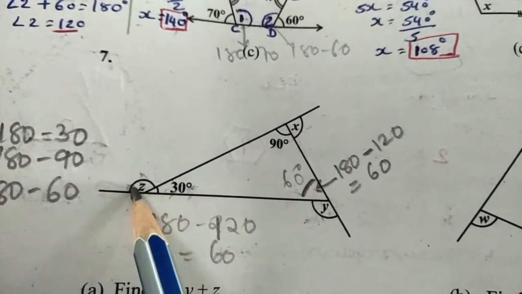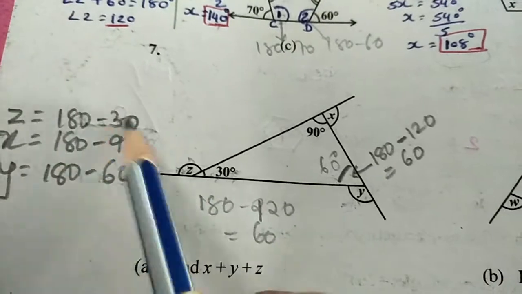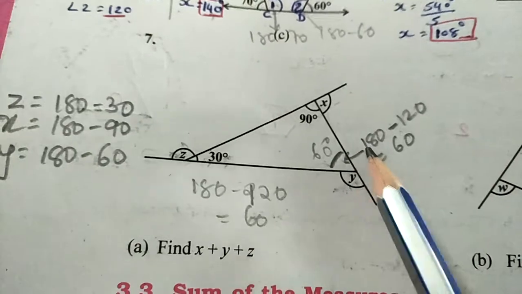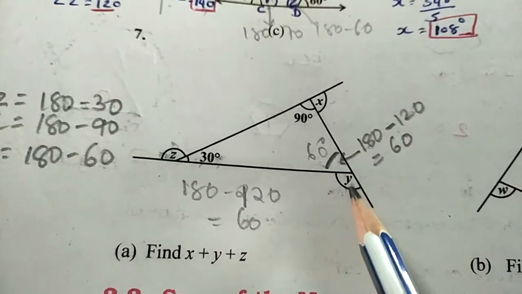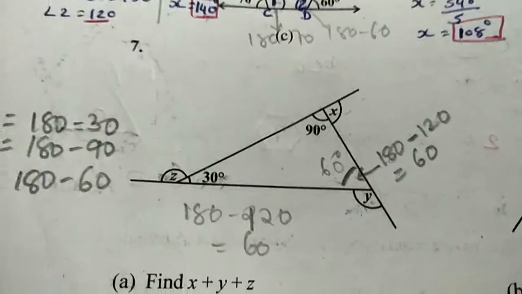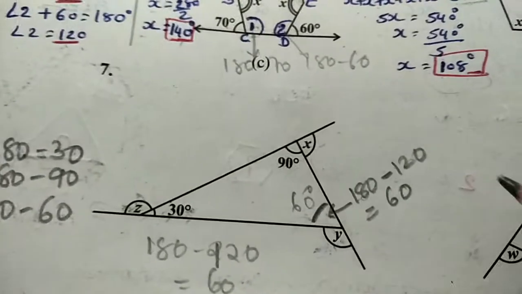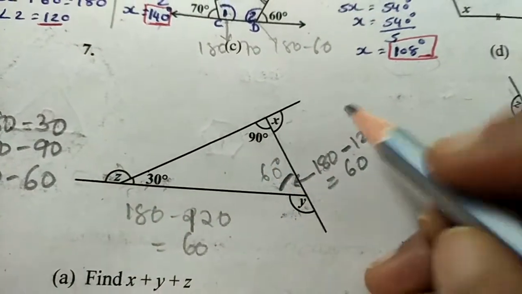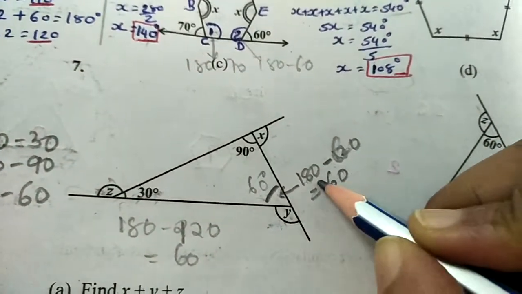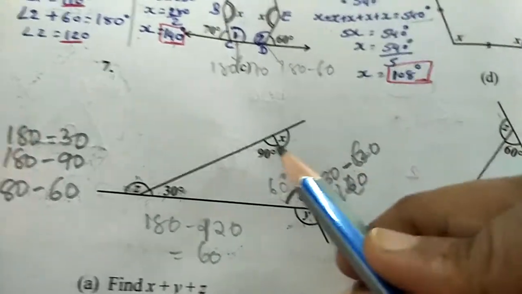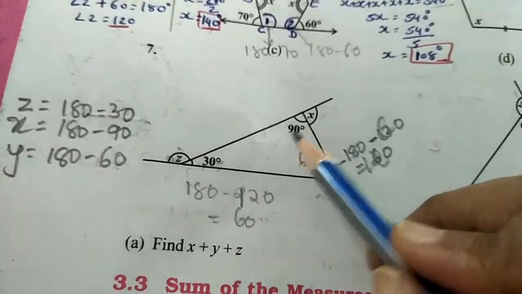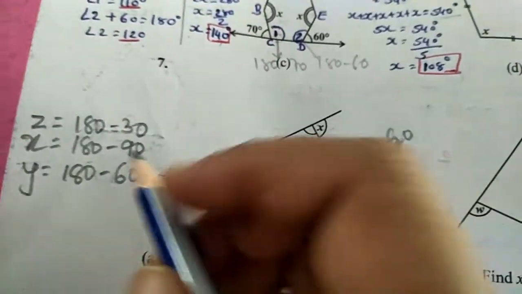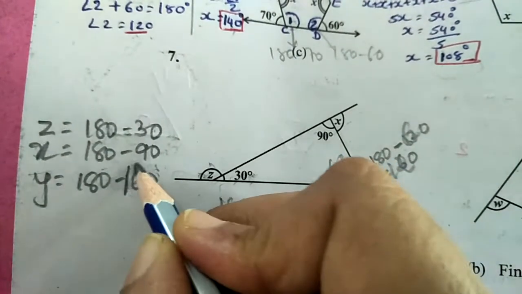Now these two are linear pairs. So linear pair means what? z will be 180 minus 30. Similarly y will be 180 minus 60, sorry, and so it will be 120. And x will be 180 minus 90.